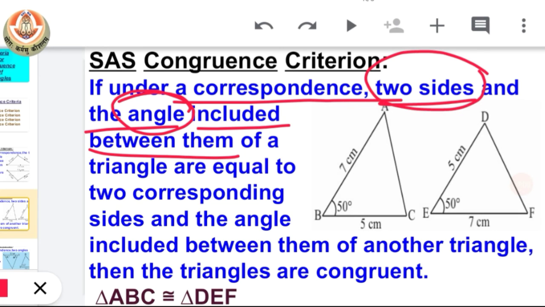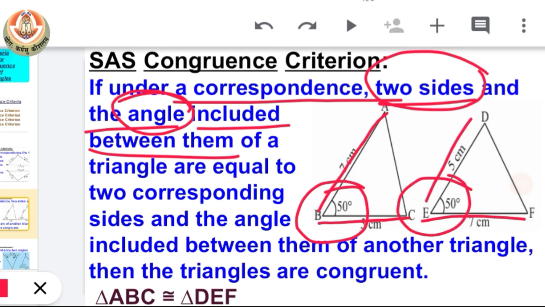You can see in this figure side 7 with side 7, side 5 with side 5 of another triangle, and this 50-degree angle is in between these two sides. So this is the condition for this criteria, that the angle should be in between the two sides.